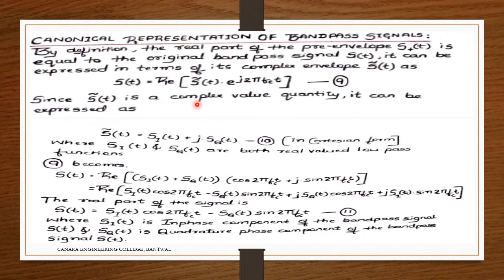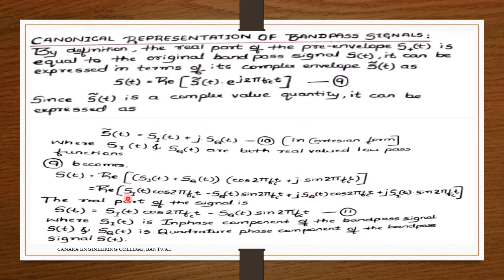Now if we take equation 9 and substitute equation 10 into it, we get S of t equals the real part of S cap of t, which is Si of t plus j Sq of t, substituted here, times e raised to j 2 pi fct, which is nothing but cos 2 pi fct plus j sin 2 pi fct.